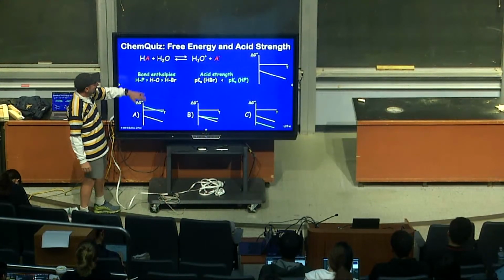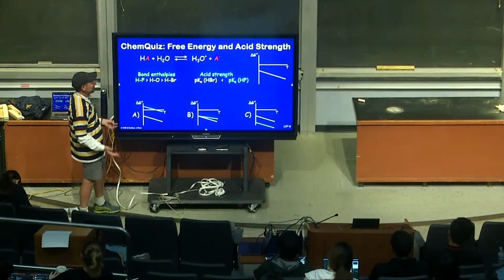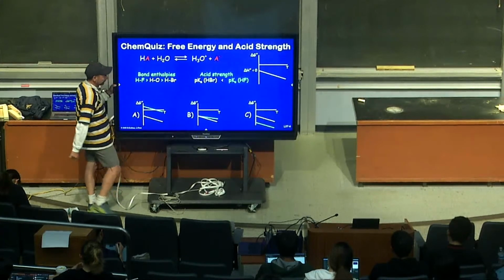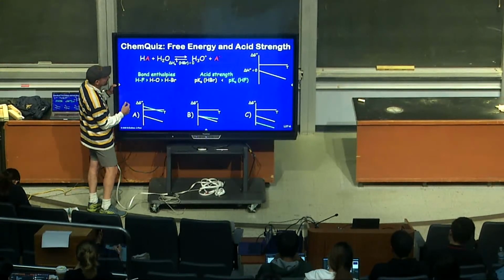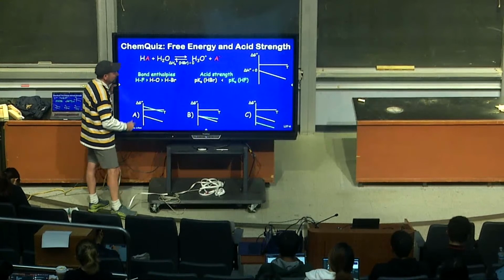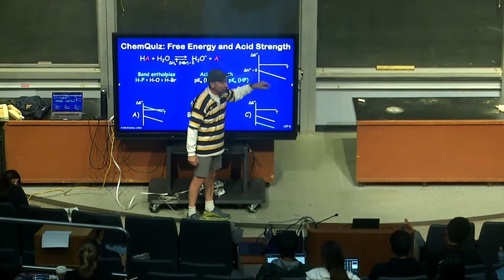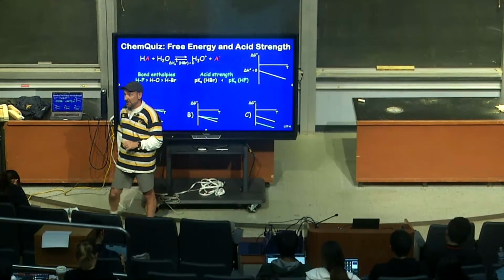So let's just look at all the things we know from here. Pretty much everything from Chem 1 almost is on here. So we look at the relative bond enthalpies, and what we've been given here is the plot for HBr dissociating.